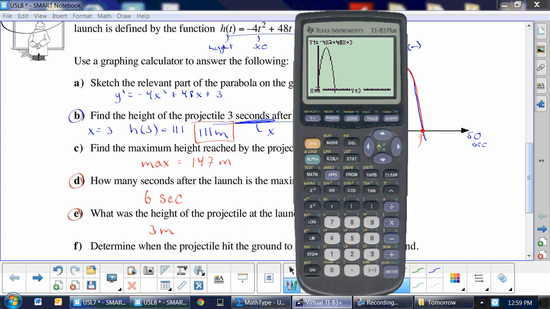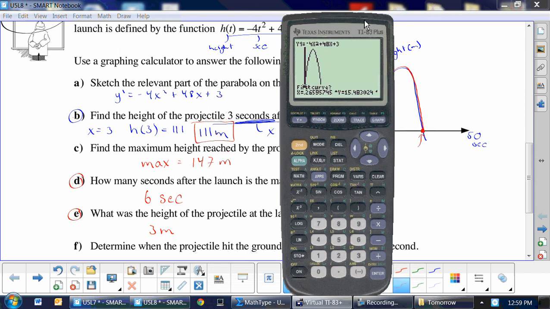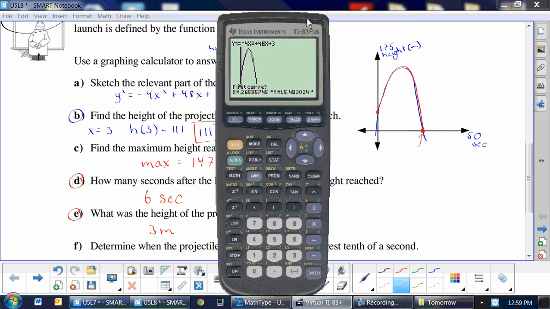I already have on my calculator y2 is equal to 0. So you can go second trace, intersect, and just remember that we do have another x-intercept here, but it's a negative x, so we don't care about it because it's a negative time. So make sure that you move your cursor all the way over to the other one, because this is the one we care about.